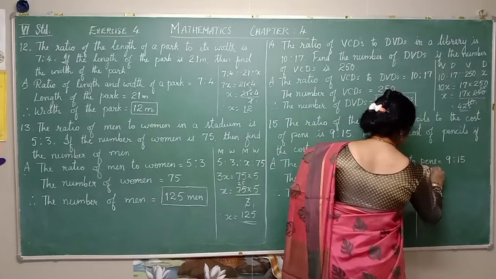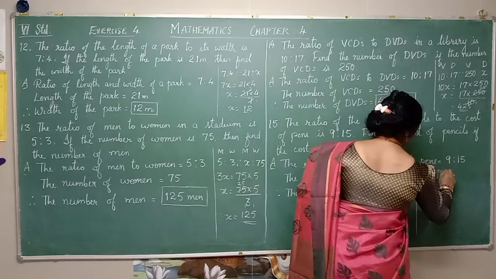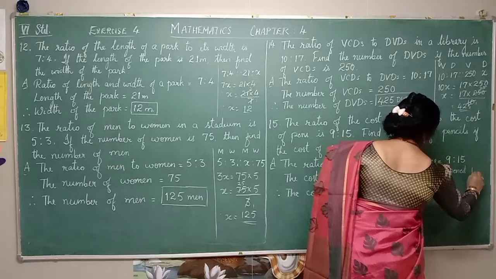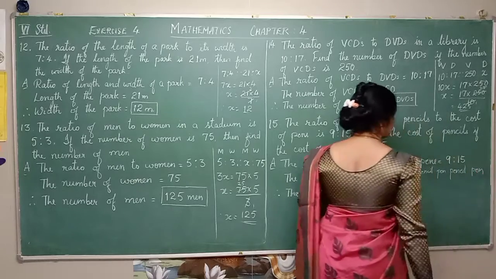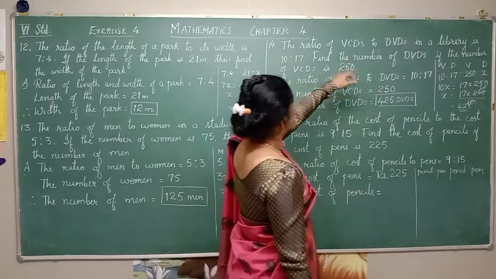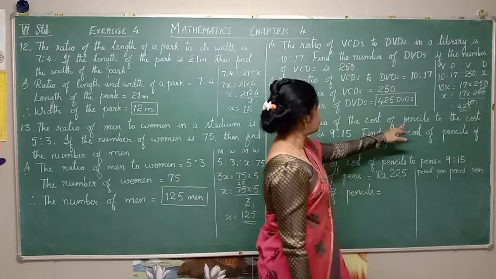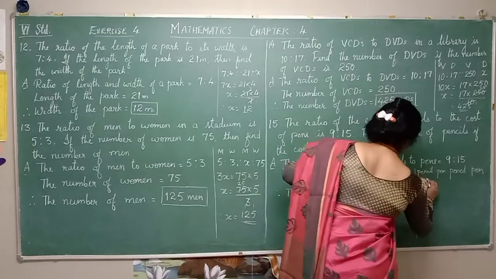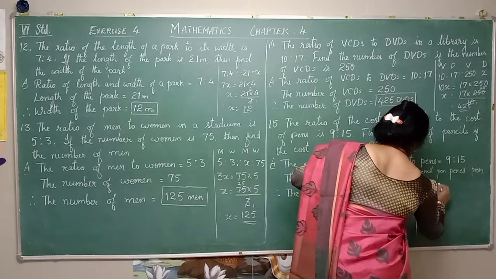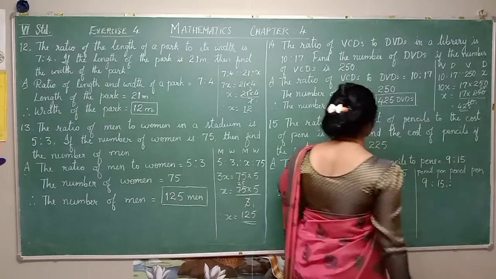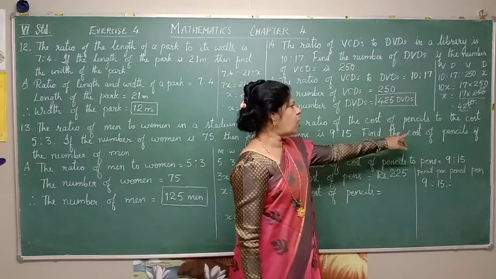Got it? Pencils to pens is 9:15, so pencil 9, pen 15, is as to find the cost of pencils.